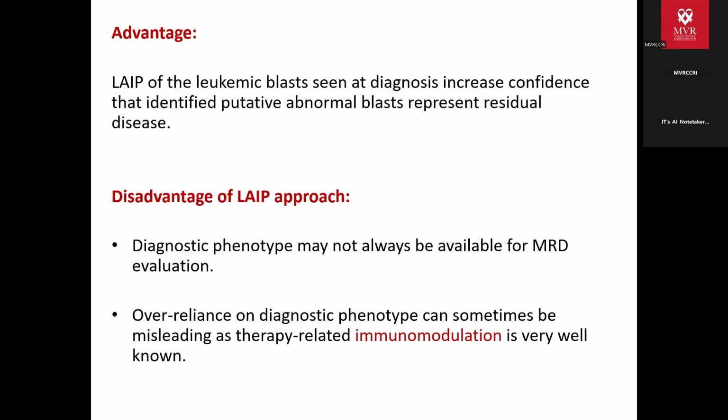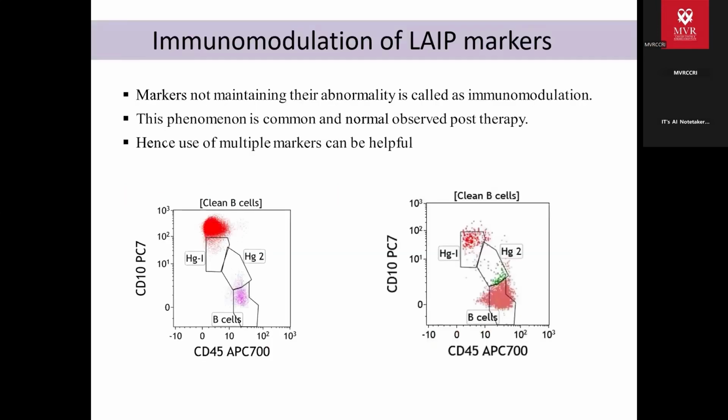Secondly, over-reliance on the diagnostic immunophenotype can be misleading, as following therapy there can be immunomodulation, which is a well-known phenomenon. So what is immunomodulation? If you see here, this was a diagnostic sample where the blast had expressed very bright 10. But following therapy in the MRD sample, the expression of these blasts has come down and they're lying in the hematogone gate.